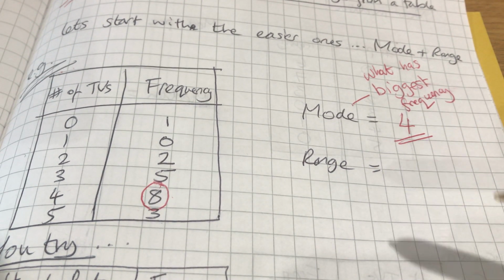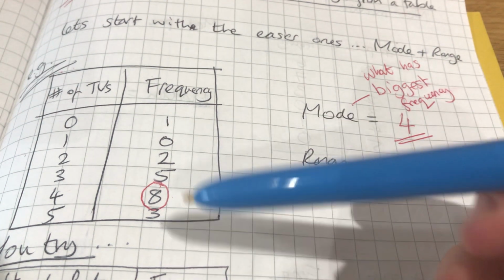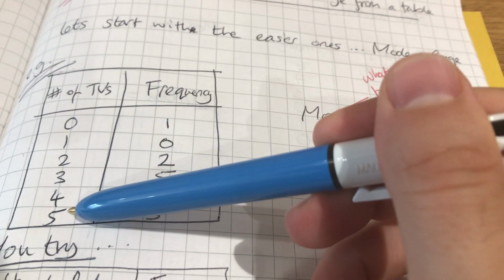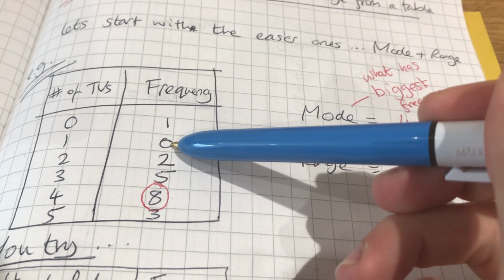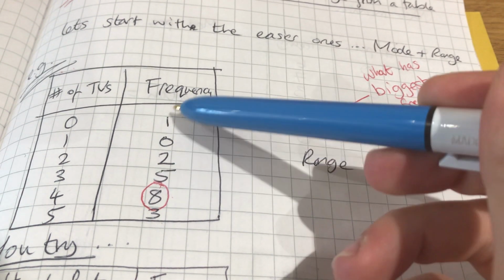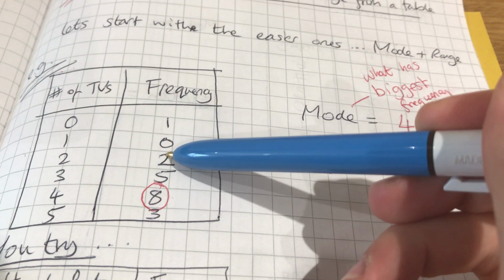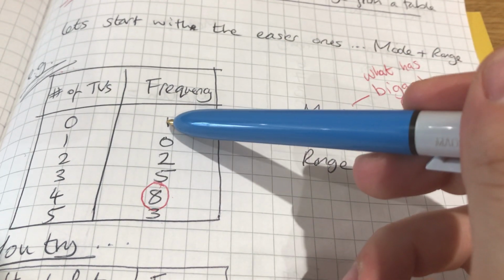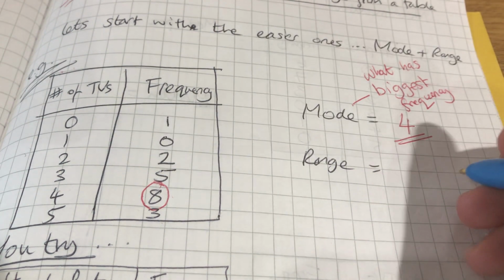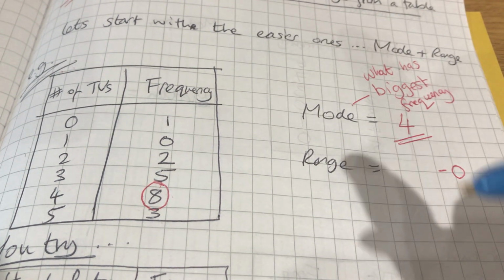The range, you need to look at your lowest and highest number. Be careful here, because if that was 0, you've got to look for the lowest number that has someone in it. So if that was 0, you'd have to go down to here, so it would be 2, the lowest number. But there is someone that's got 0 TVs, so that's the smallest number.